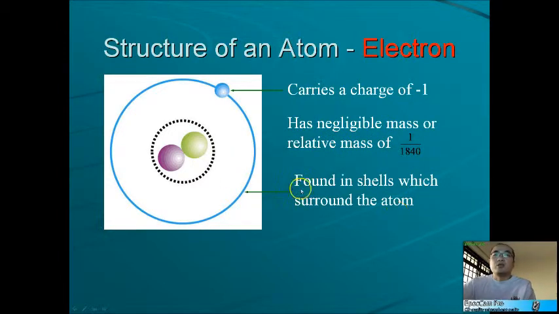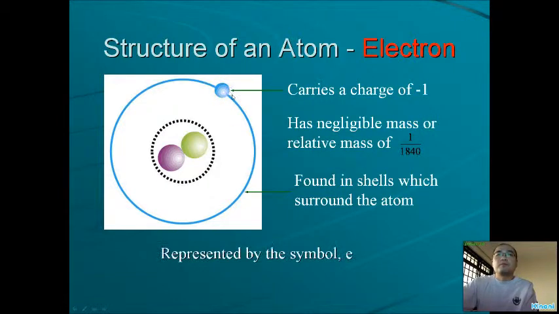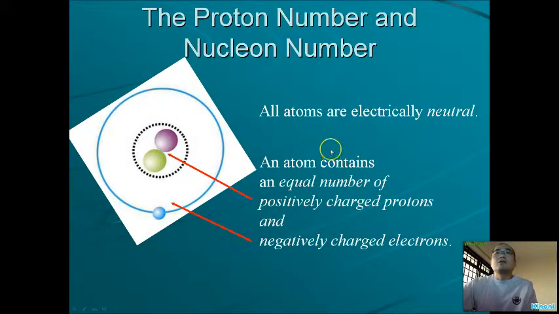And it's found in shells which surround the atom. As we mentioned just now, the shell is not really the eggshell that we see every day, but the shell here just represents the path in which the electron moves. And it is represented by the symbol e. So just now I said that if I know the number of protons, I will know the number of electrons.